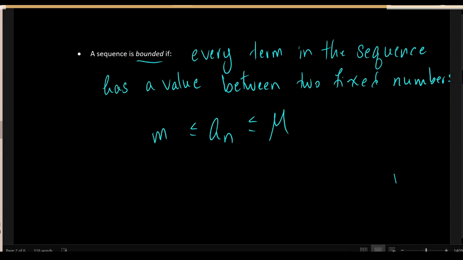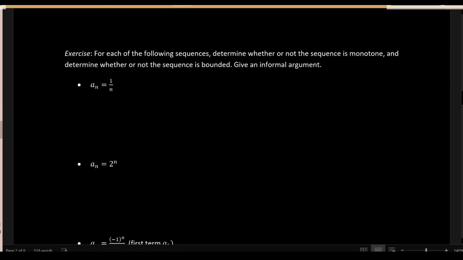Let's have a look at a few sequences and see if we can decide what adjectives we can apply to them. For each of the following sequences, determine whether or not the sequence is monotone, so either increasing or decreasing, and then also let's determine whether or not the sequence is bounded. In this case, we don't have to do a formal proof, we can just do some informal argumentation.